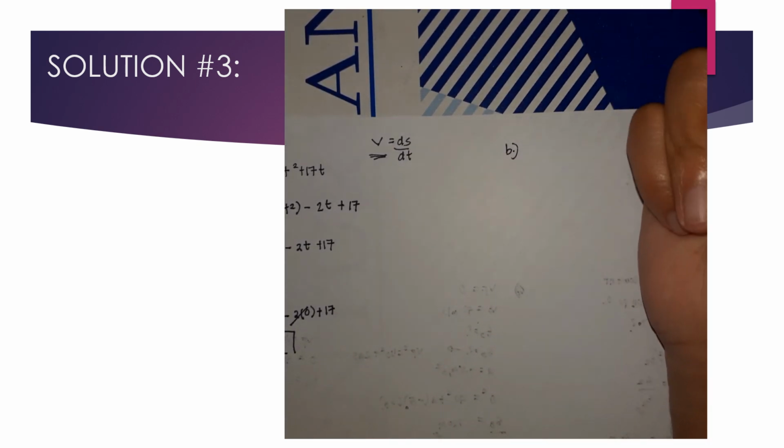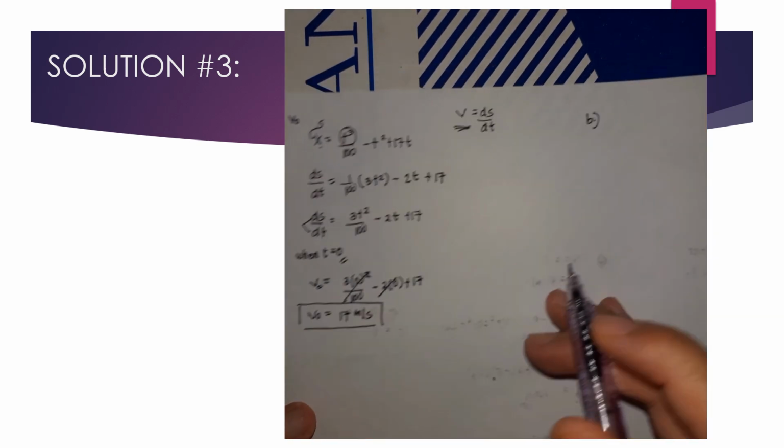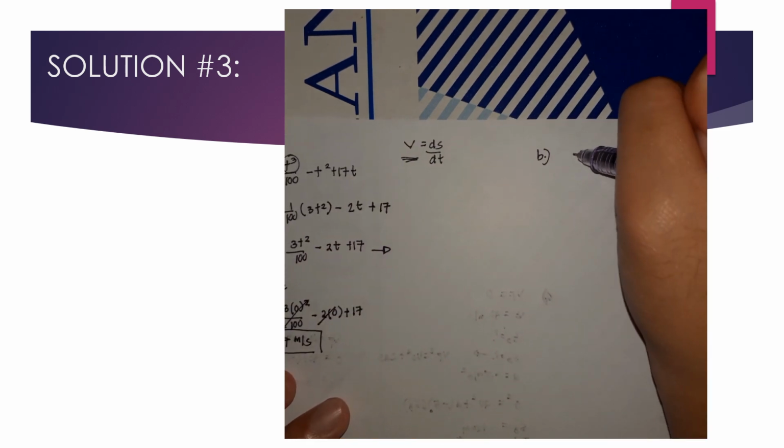Okay, so for letter B, it asks for the distance required for the car to stop. We'll use this equation of velocity.